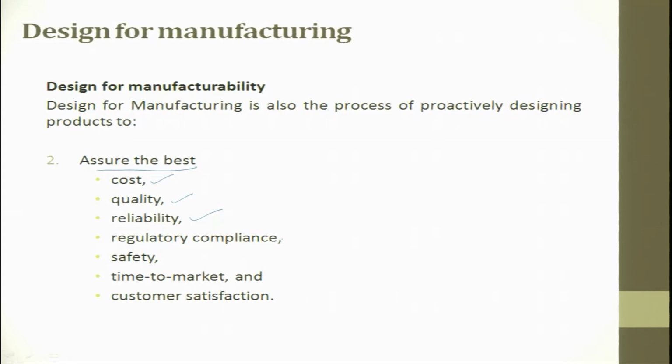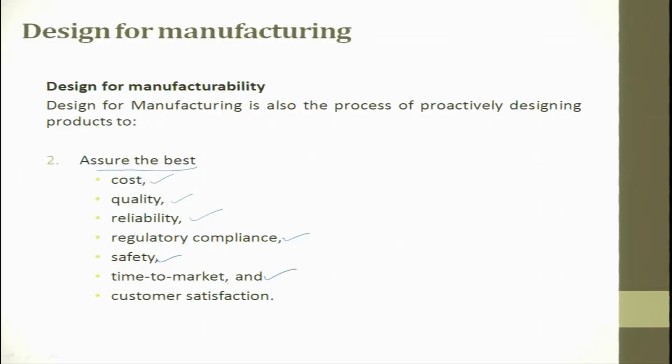Then regulatory compliance. That means it is energy efficient, it does not produce fumes, it does not use any byproducts which are hazardous in nature. So all those things are regulatory compliance. Safety, time to market, which we have already dealt with when we do the initial design itself.